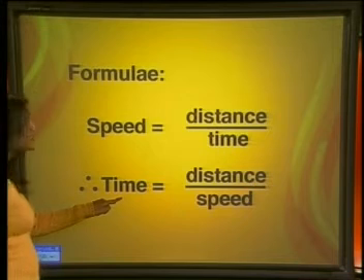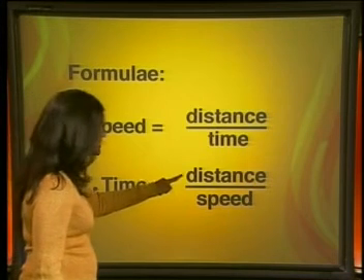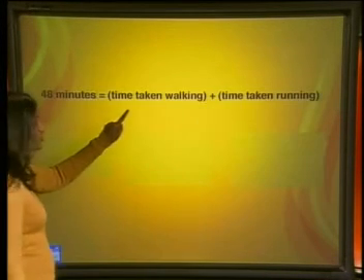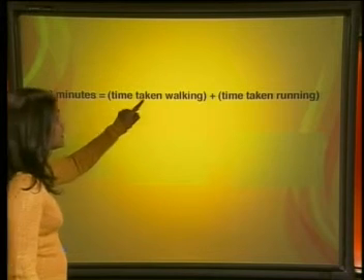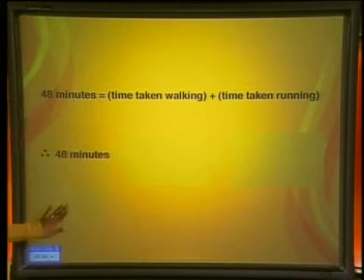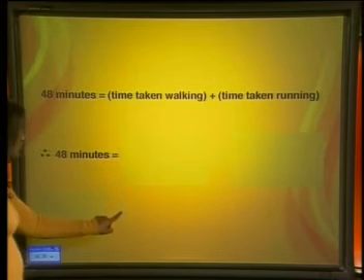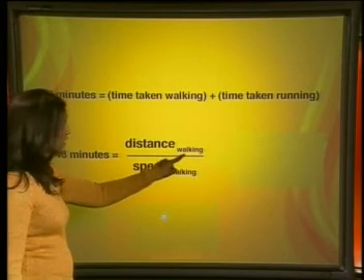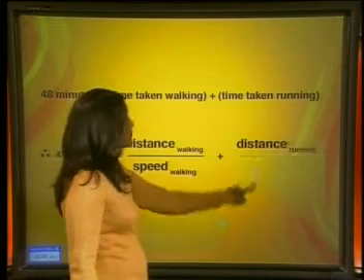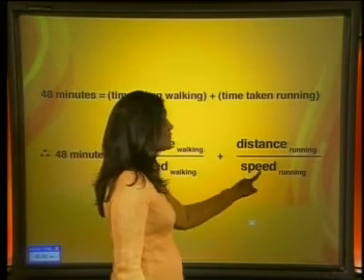We know that time is calculated by finding the distance divided by the speed. Now, if we look at our equation, we can substitute these two parts with our formulae. We get 48 minutes is equal to the distance walking divided by the speed walking plus the distance running divided by the speed running.